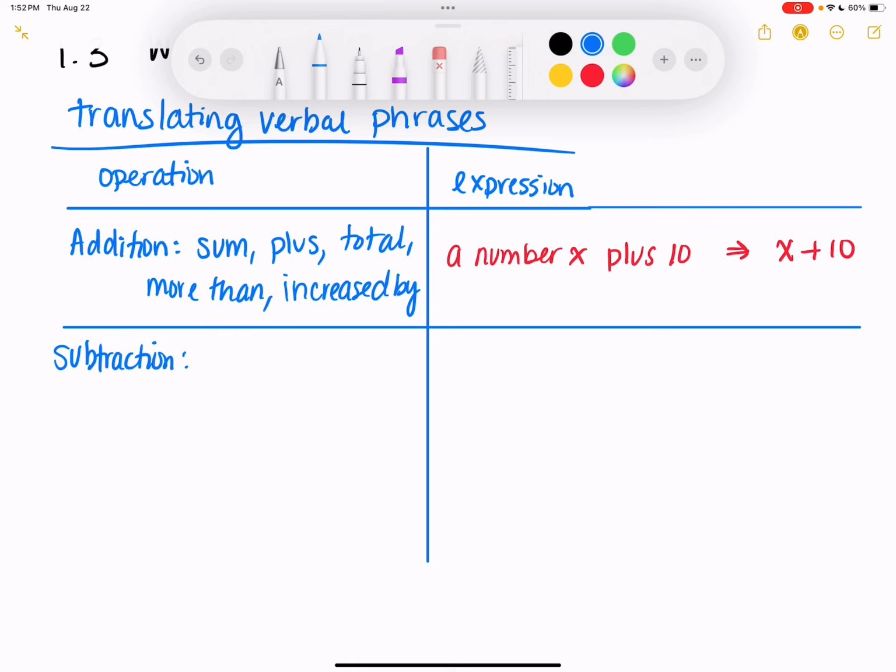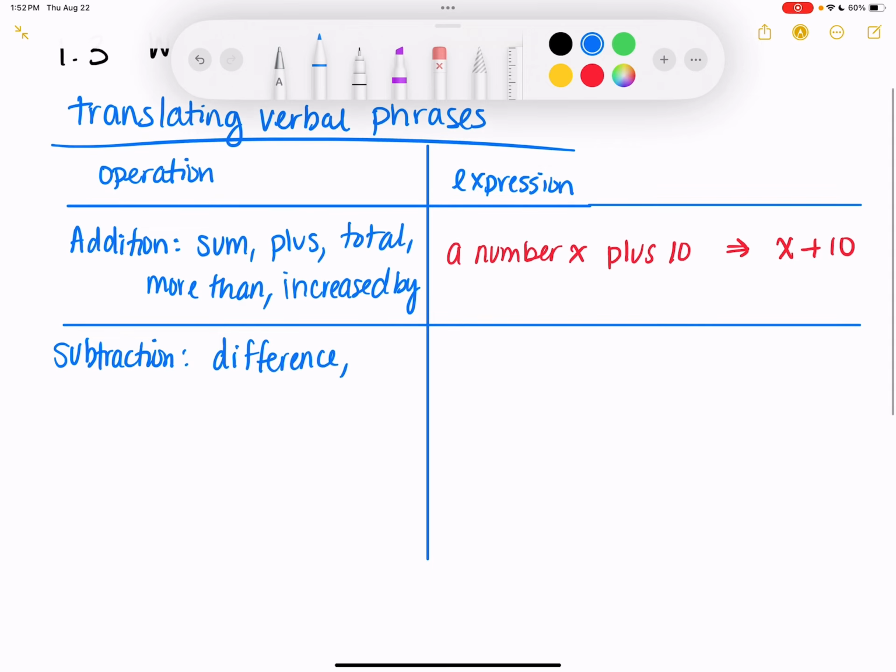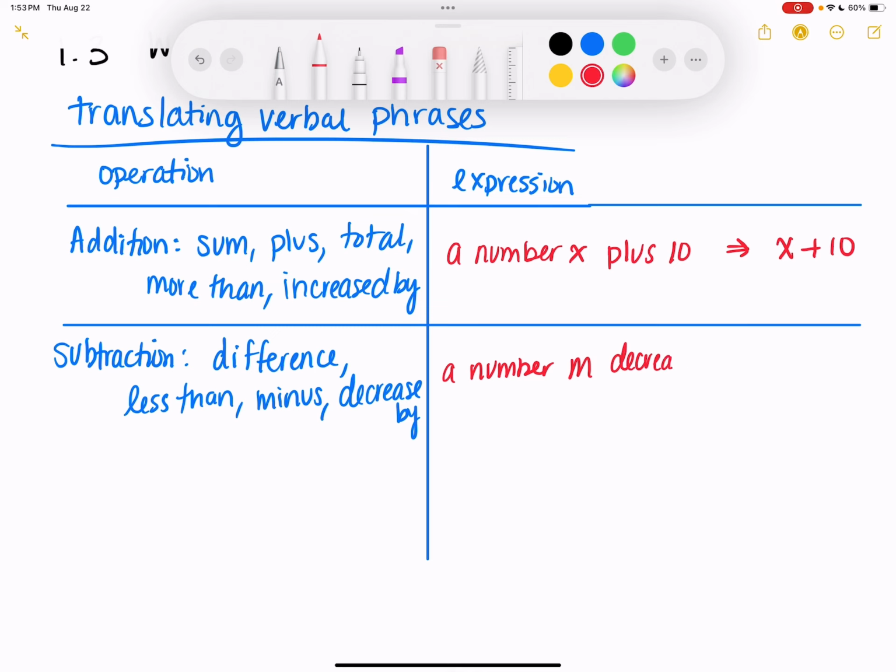That might look like the difference, less than, minus, decrease by, and so this could just say something like a number m decreased by 4, and that would be m minus 4.